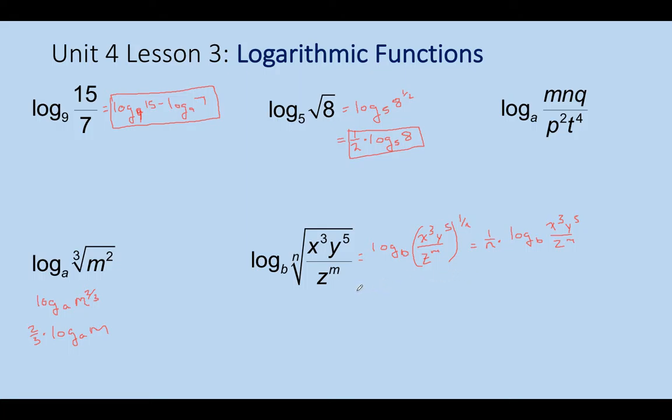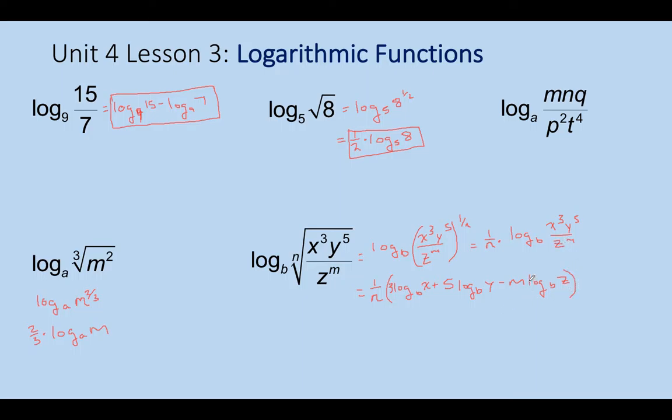Well, we're going to take care of all of this in one step. The exponents are going to come out in front. The multiplication is going to add. The division is going to subtract. And so I've got the 1 over n, and then throw all this in parentheses: 3 comes in front, log base b of x, plus 5 log base b of y, and then minus m times log base b of z.